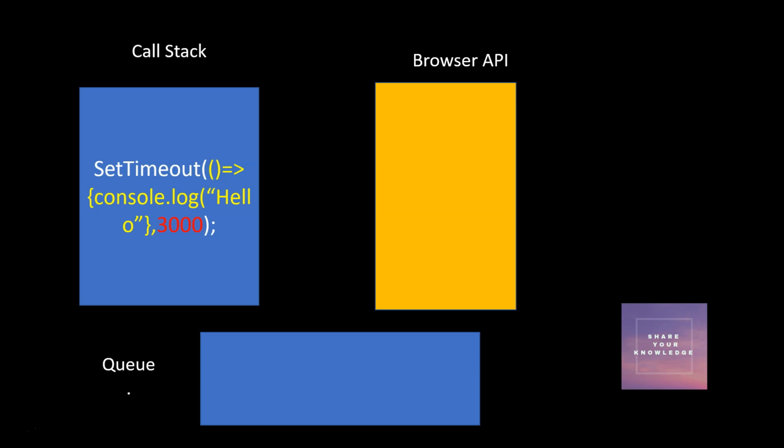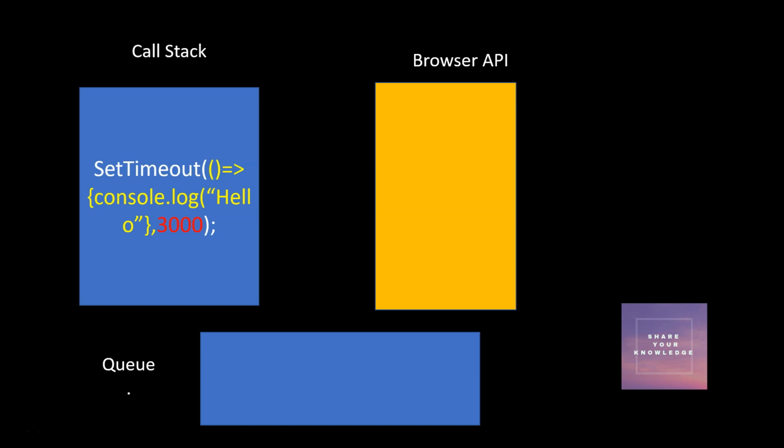The browser API will do its functionality, and once the 3000 milliseconds have elapsed, it can't execute that JavaScript function. It has to give it to the JavaScript engine to execute.